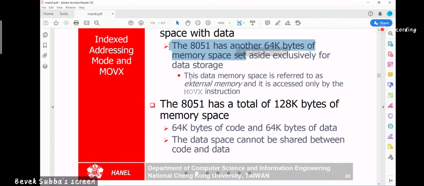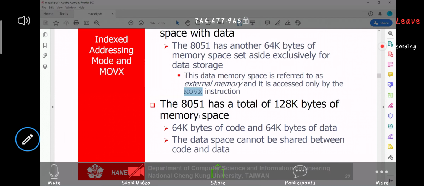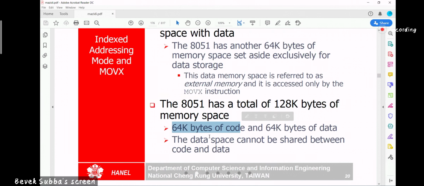If you want to move things from external memory to internal memory, both being data memory, then you will use MOVX. External memory is 64K of code and 64K of data: code memory is also 64K external, data memory is also 64K external.